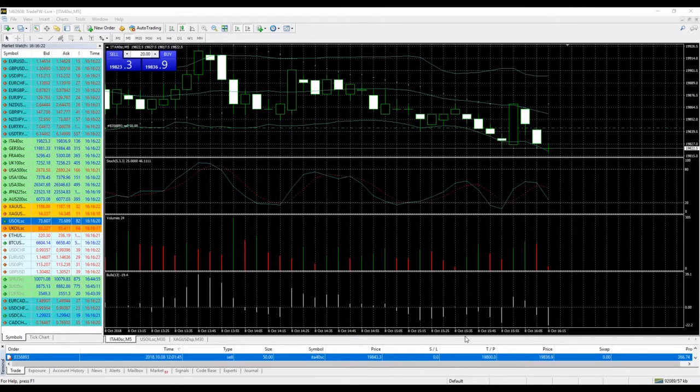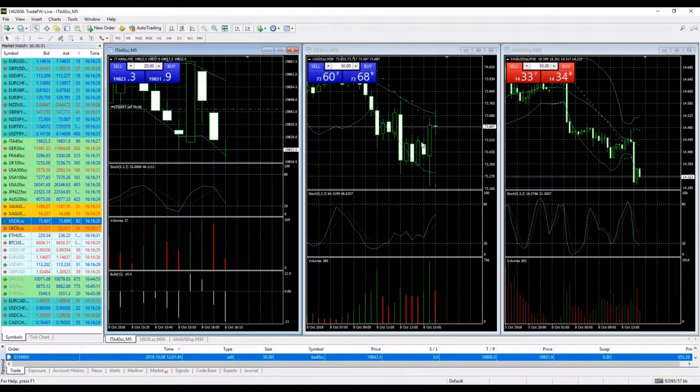Let's see what our indices have done in the afternoon. So basically, after the morning session, a lot of stuff just slowed down. As you remember, in the morning session, we still had 3 trades open. There were 2 gold trades and 1 Italy 40 trade.